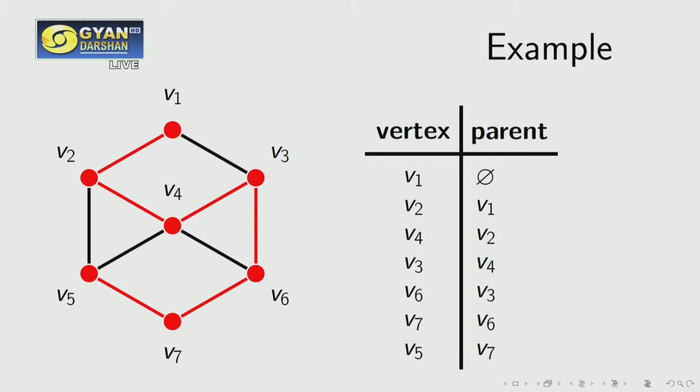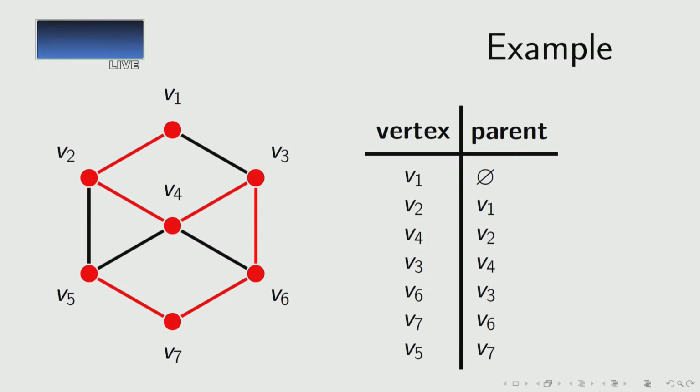For instance, there are 4 edges which are not part of this spanning tree, and these edges are V1V3, V2V5, V4V5, and V4V6, right? For each of these edges there is a fundamental cycle. And how do we get these fundamental cycles?